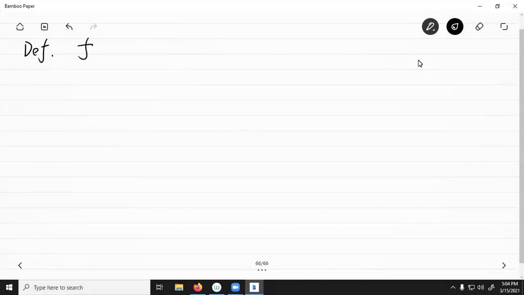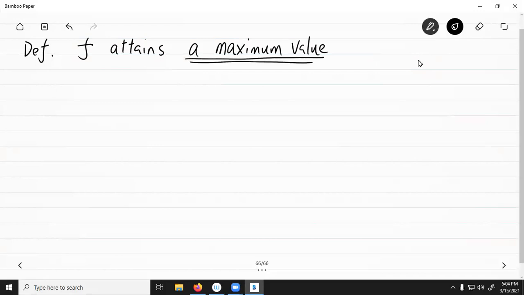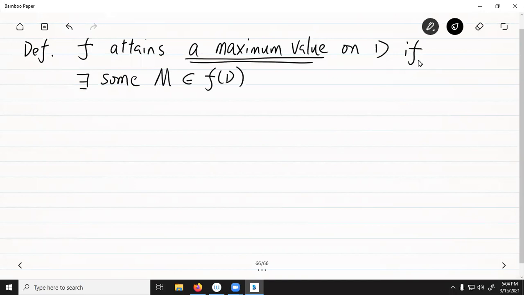We say a function f attains a maximum value on the domain D if there exists some number M in its range f of D such that y is less than or equal to M for all y in its range.